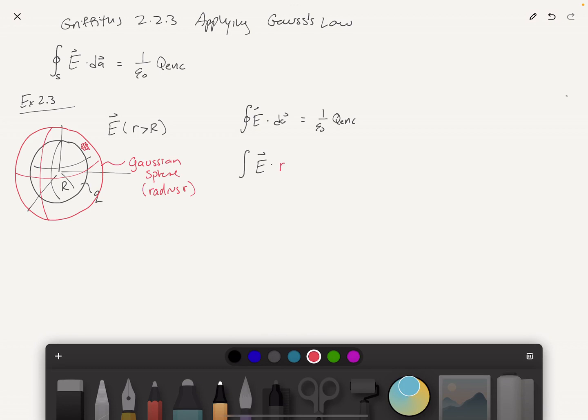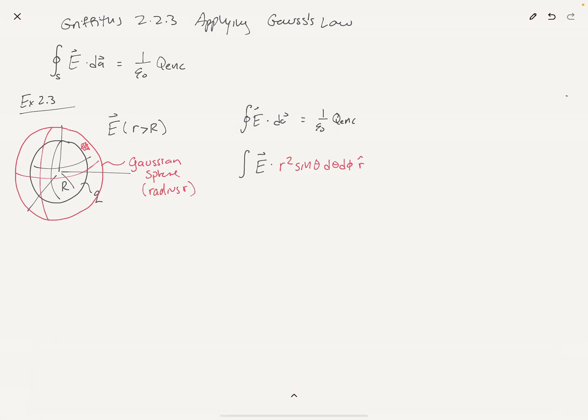Remember that was r squared sine theta d theta d phi in the r hat direction. The right side of my integral is 1 over epsilon naught times Q enclosed. What's the total Q enclosed by my Gaussian sphere? It encloses the entire solid sphere of radius capital R and charge little q, so that becomes Q, because my Gaussian surface encloses all of that charge.